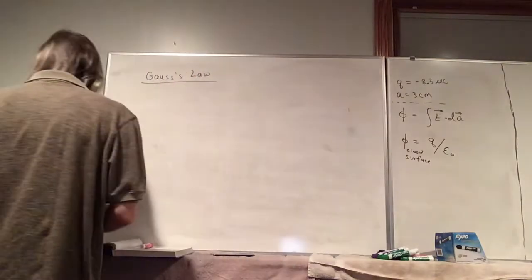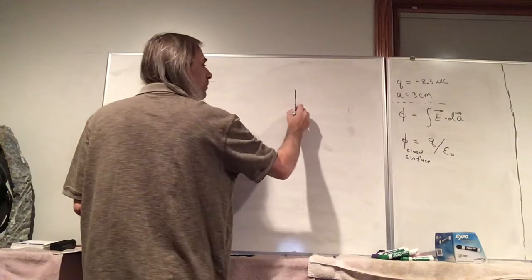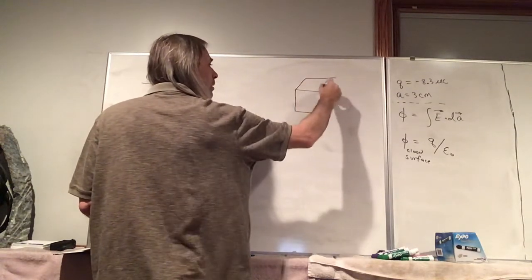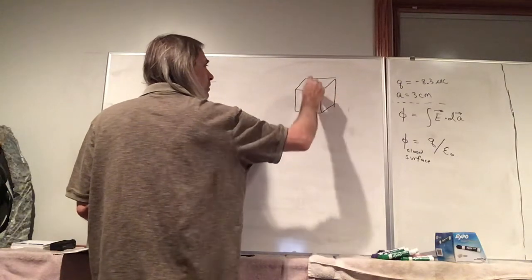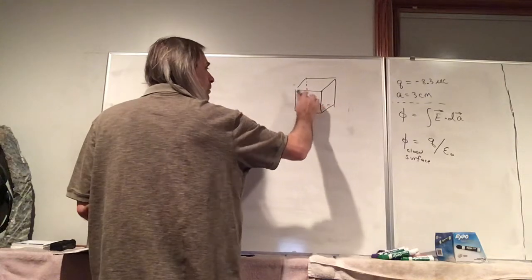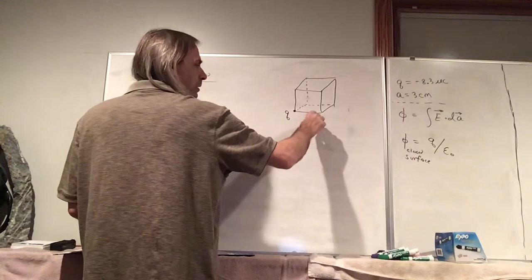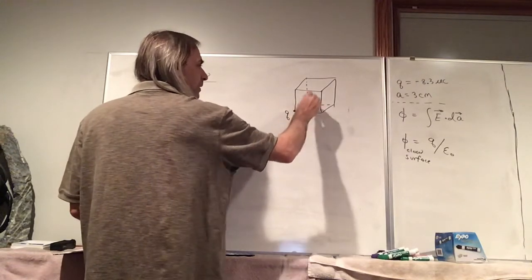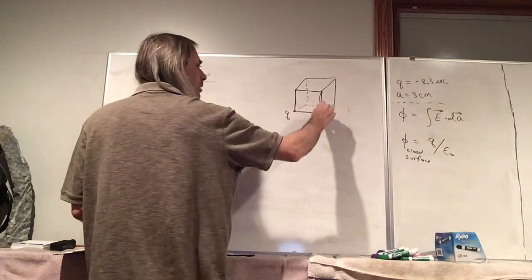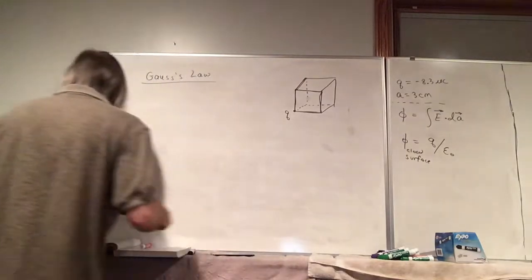Let me just redraw it. So here's our charge. We've got this surface here. I'll use a different color to outline them.